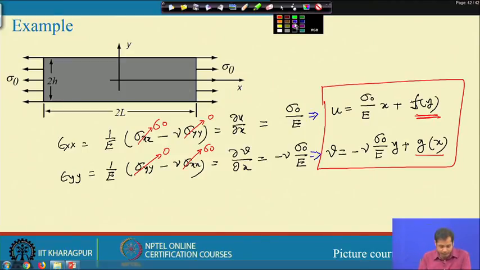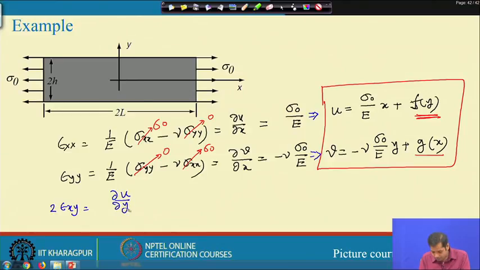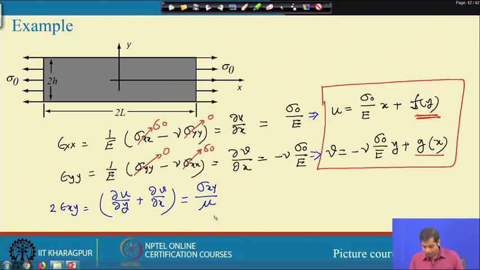If you recall, 2 epsilon xy is equal to del u del y plus del v del x. That is how the shear strain is related to displacement, and that is equal to sigma xy by G, where G is the shear modulus.